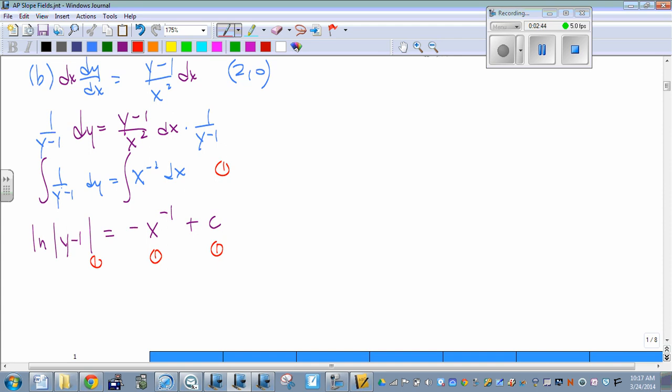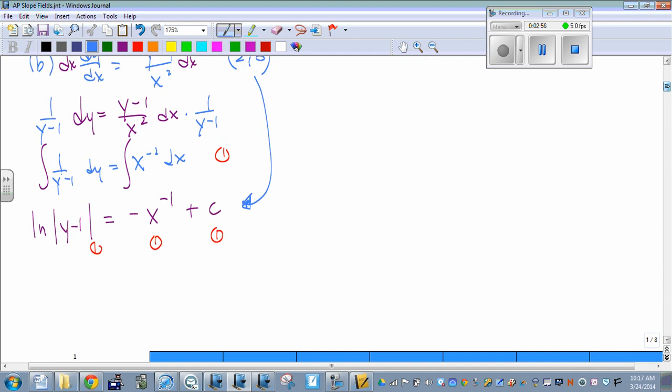Now, the last 2 problems take a little bit more work than the first few did. Next step we're going to do is figure out what c is. Right? We're going to use our initial point, plug that in, and figure out what c is. So 2 is going in for x. 0 in for y. Well, here we get 0 minus 1, negative 1, but absolute value of that is just 1.